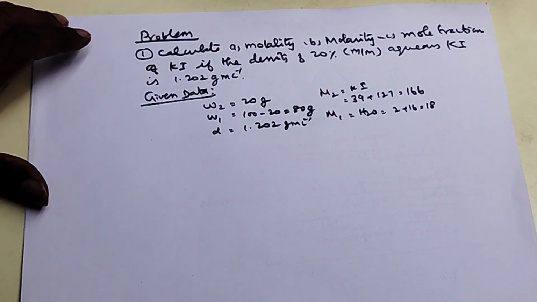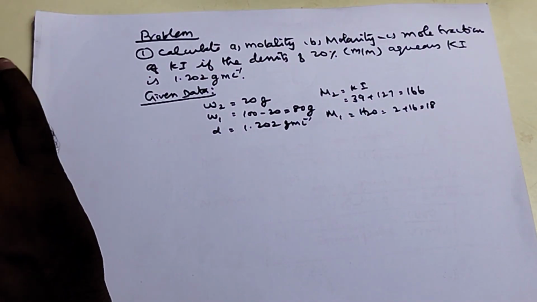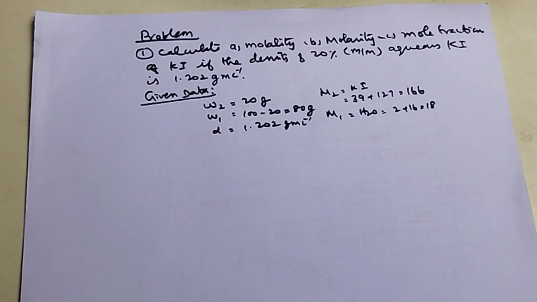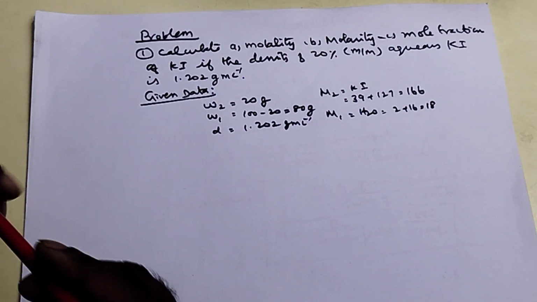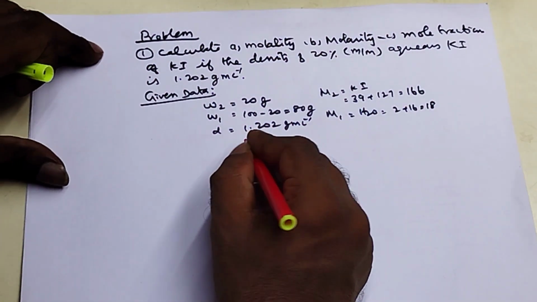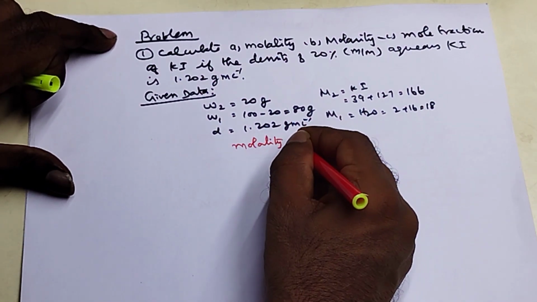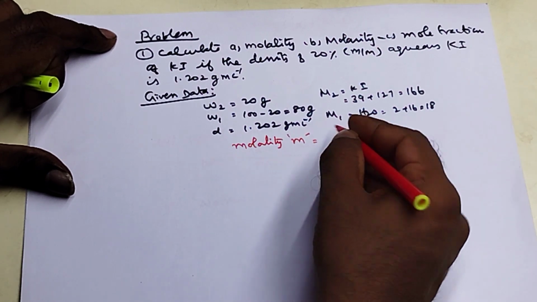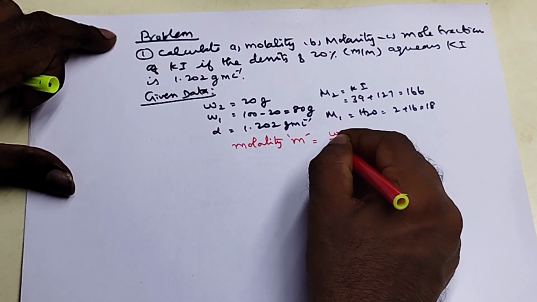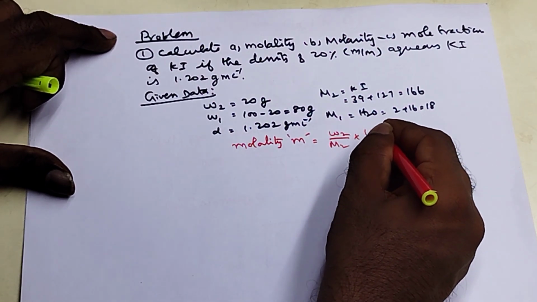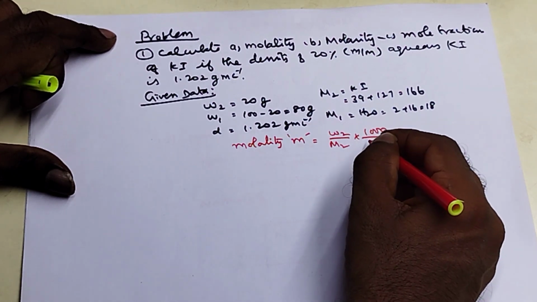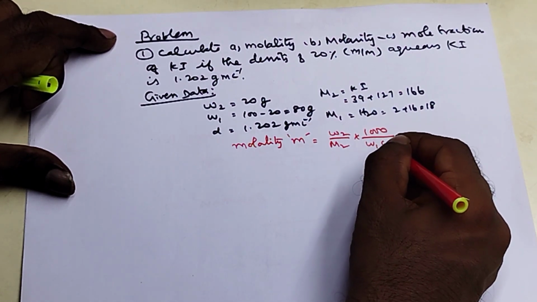The question first asks to calculate molality. Can you remember the formula for molality? Molality, denoted by small m, is W2 by M2 into 1000 divided by W1 in grams.